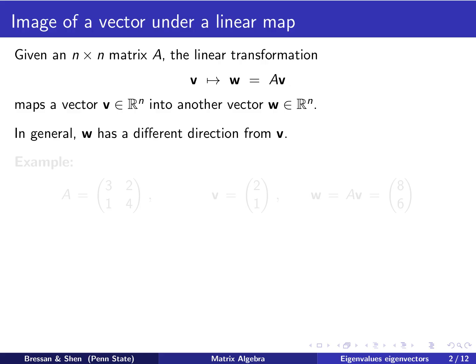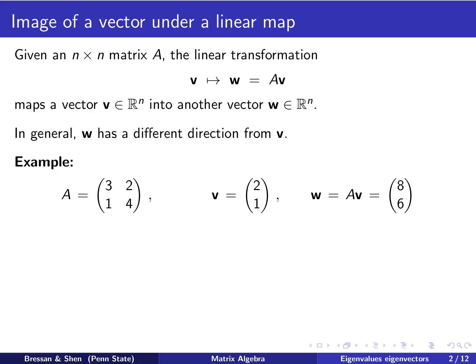In the general case, if you randomly pick any vector V in Rn, then W would have a different direction from V. It will be turned to point in another direction. We can take a simple example. Let's say A is this matrix here, and let's put in the vector V. Then we compute W, which is A times V, by carrying out this matrix vector product, and you get another vector.